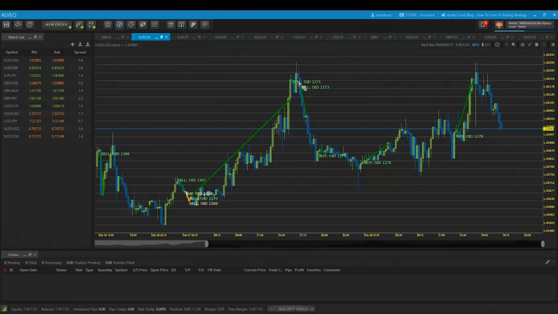Anyway, here's what we're going to do. Based on this, this is a candle chart. A candle chart is going to be different than a line chart, a bar chart, a Renko chart, and all sorts of other kinds of charts.